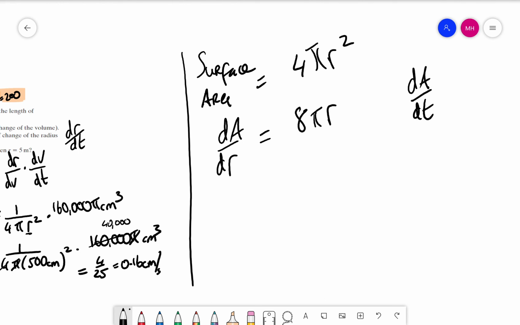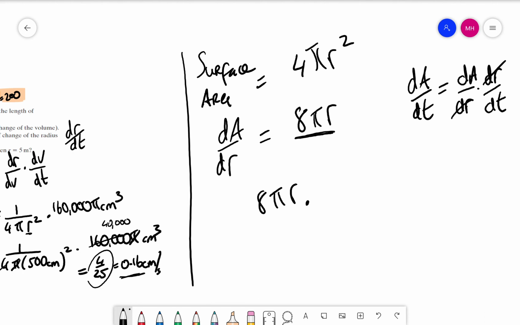So in other words, dA/dt would be equal to dA/dr multiplied by dr/dt. So we've got to multiply this by dr/dt. So that's 8 pi r multiplied by dr/dt, and we've already worked out that dr/dt is equal to this over here.